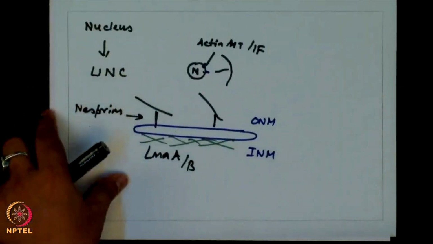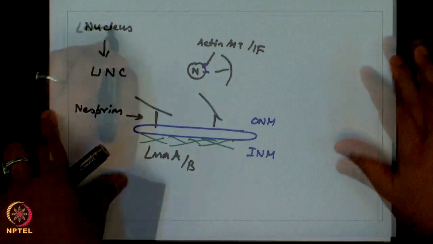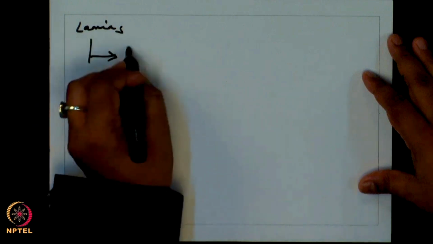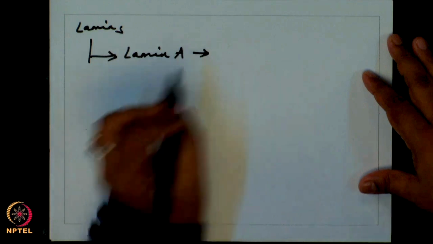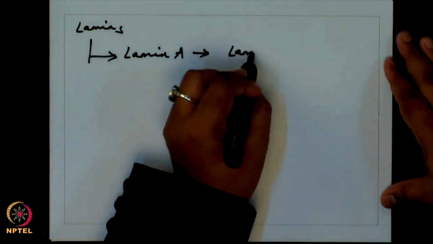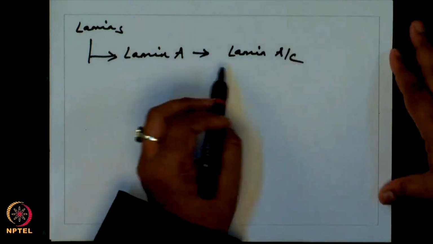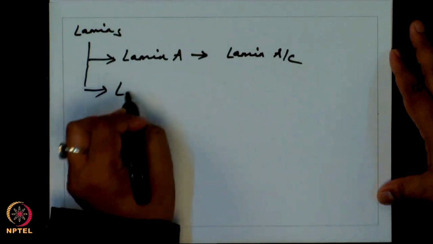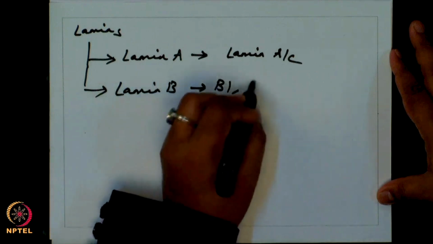We also spent considerable time discussing the expression of lamins. When we say lamins, you have two major classes. Lamin A is encoded by the same gene, but because of splicing you have two forms, lamin A and lamin C. This is collectively written as lamin AC, and you have the lamin B form, found as B1 and B2.